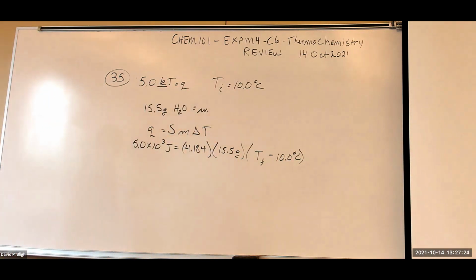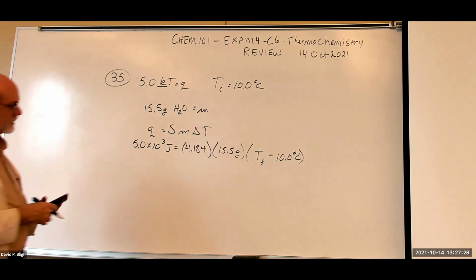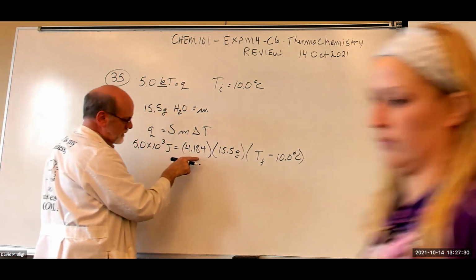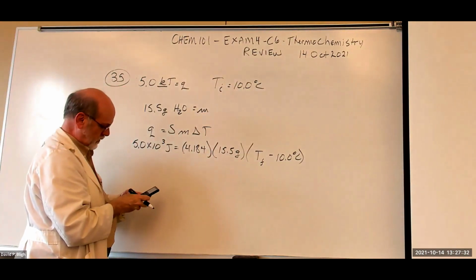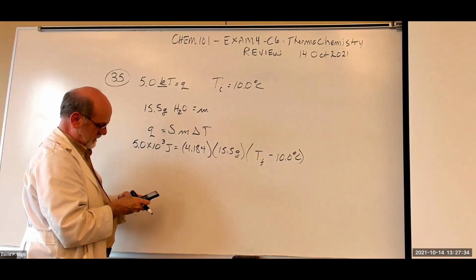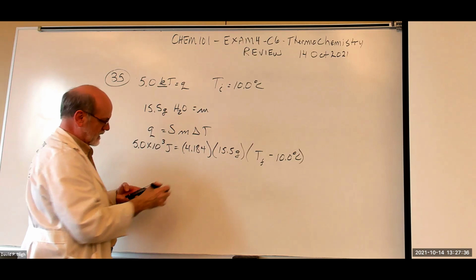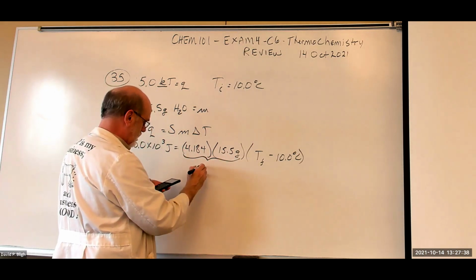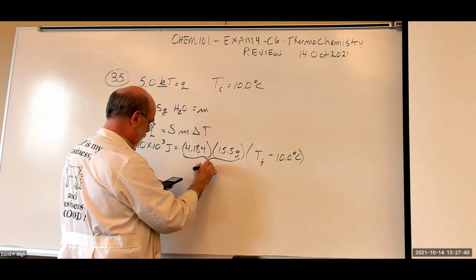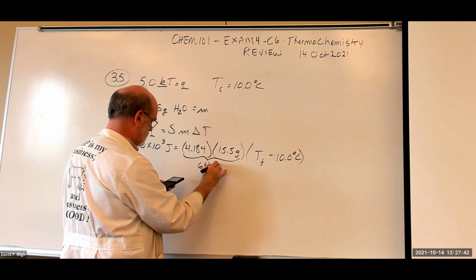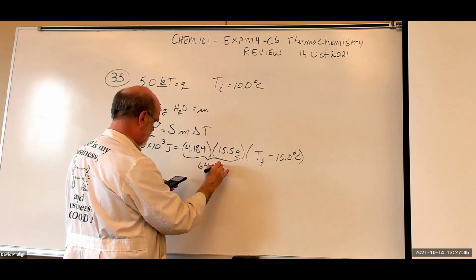So I am going to have to solve this one because otherwise I can't answer the question for you. All right, so this times this, 4.184, 15.5. This term right here is 64.85.